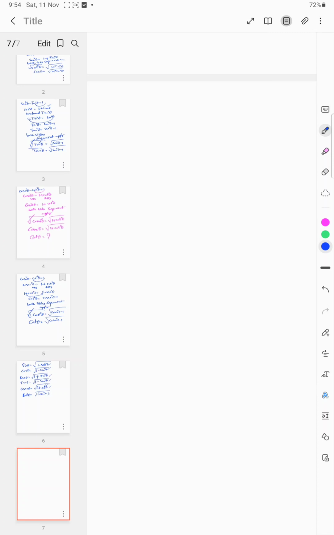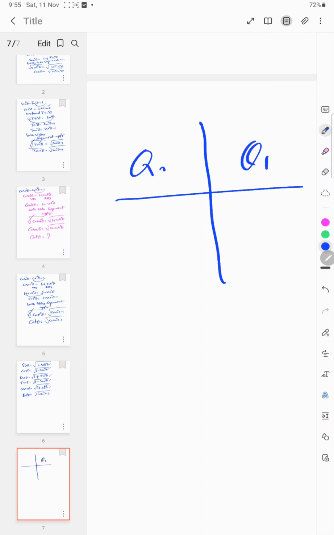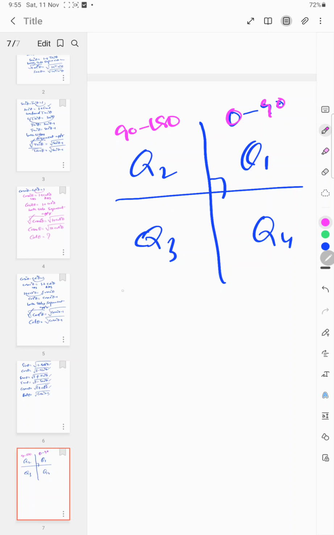In trigonometry there are four coordinates, or quadrants: first, second, third, fourth. The first one is 0 to 90 degrees, the second is 90 to 180 degrees, the third is 180 to 270, and the fourth is 270 to 360. If 360 is over, it comes again to Q1.